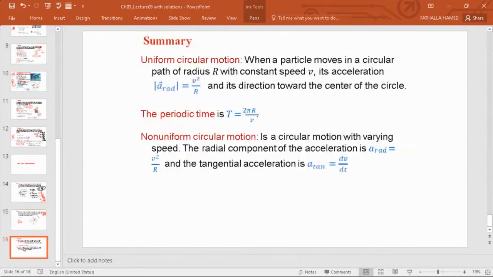So what we basically did today, we looked at circular motion. We have been dealing with motion in 2 dimensions, which is projectile motion, and we said this is parabolic motion. But circular motion is also a form of 2-dimensional motion. It's always like a plane, okay?